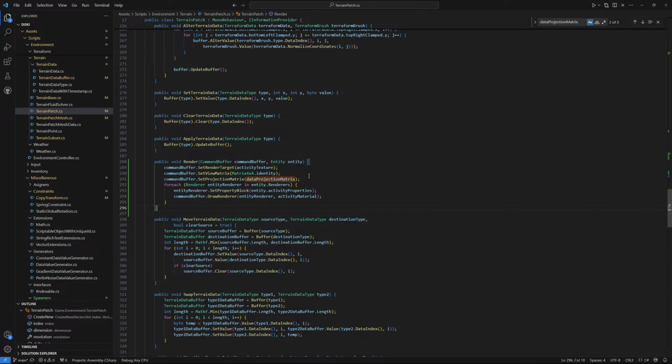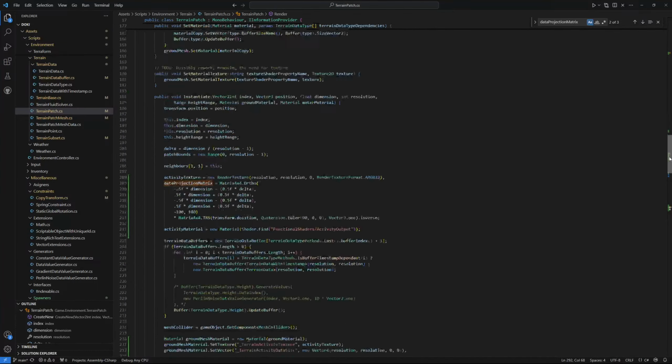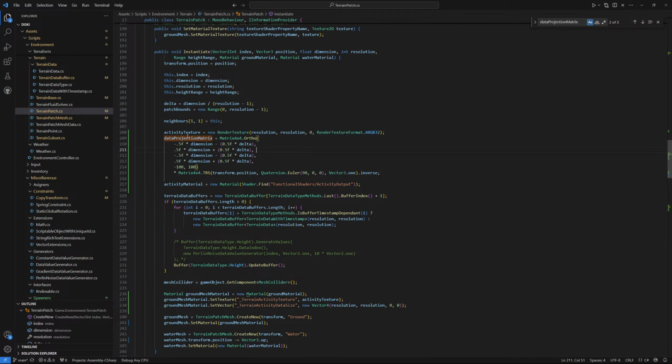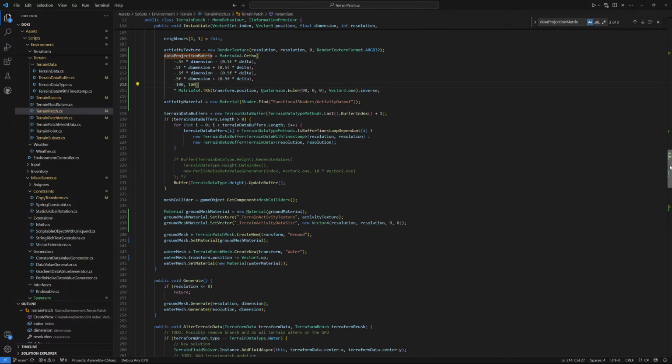We transform it from object to world space, and then we transform it from world space to view space, and it's view space that is very specific per terrain patch.